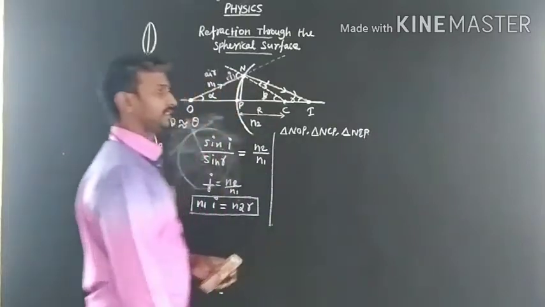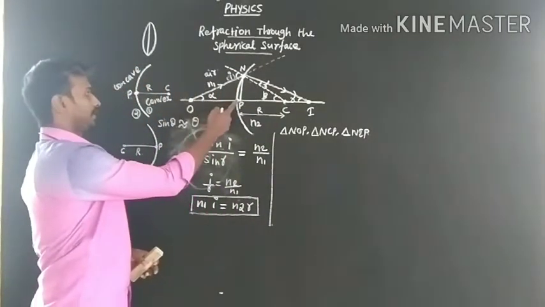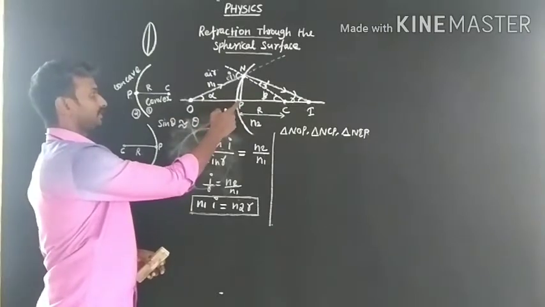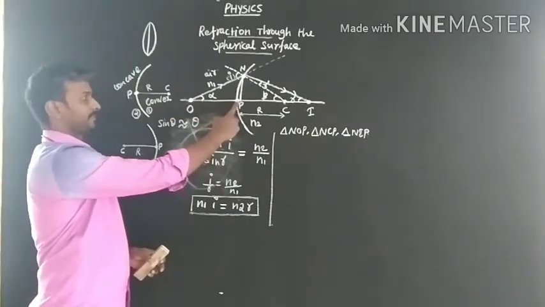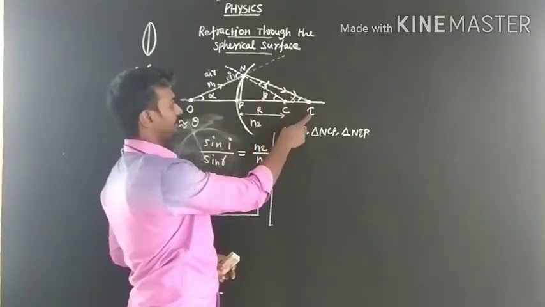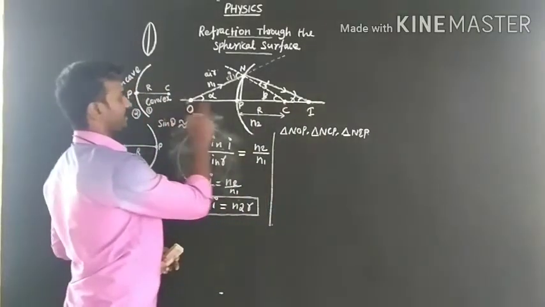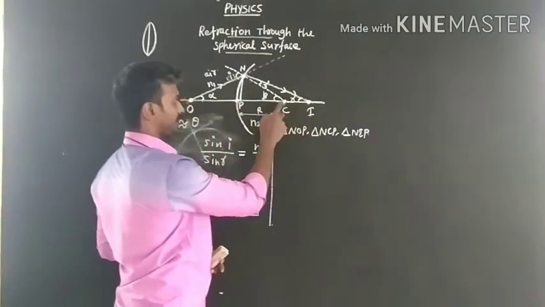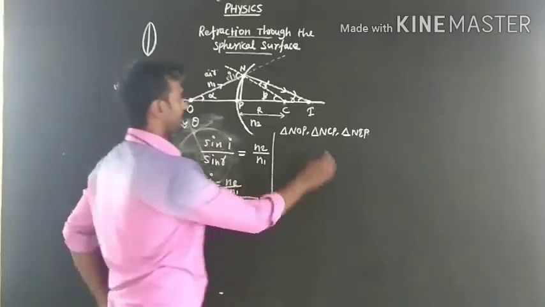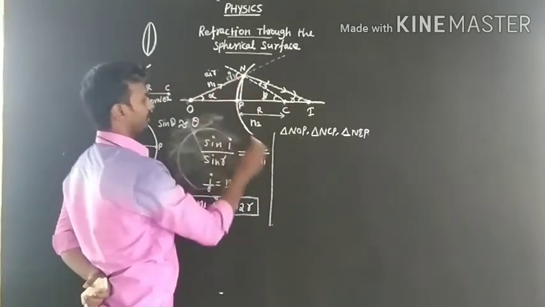I already told, the object is located at the point O to the left side of the pole of the spherical surface, and the image produced by this object is to the right side of the pole of the spherical surface. So this is the position of object, this is the position of image, and this is center of curvature. So for the triangle NOP, this is alpha.